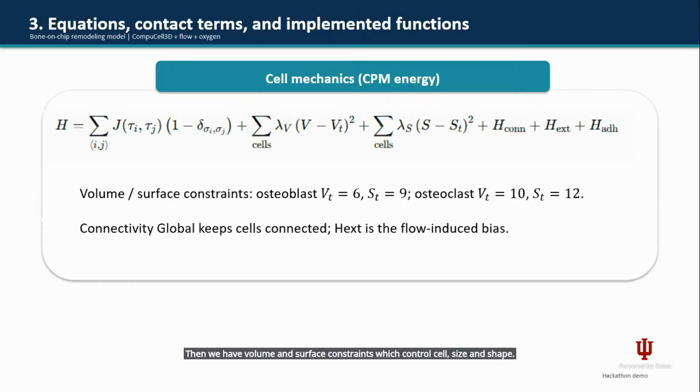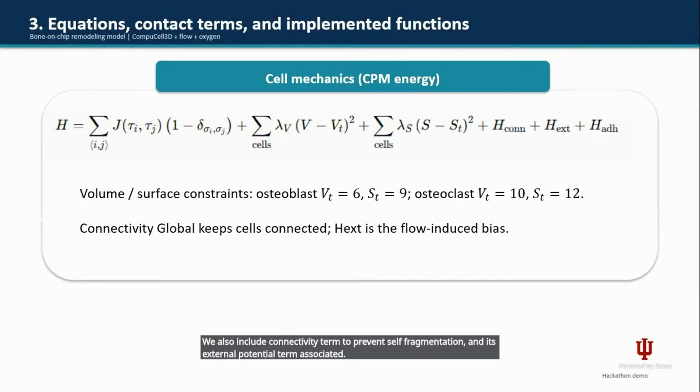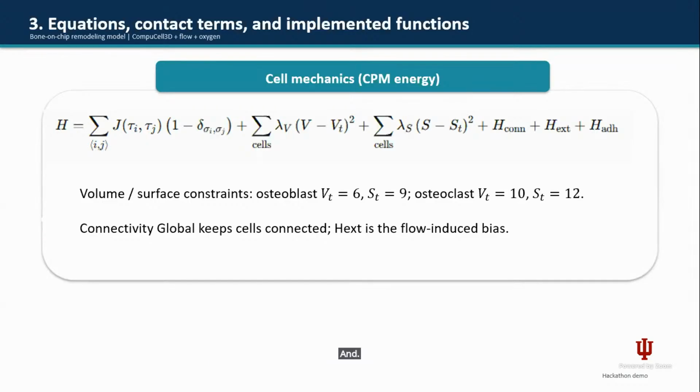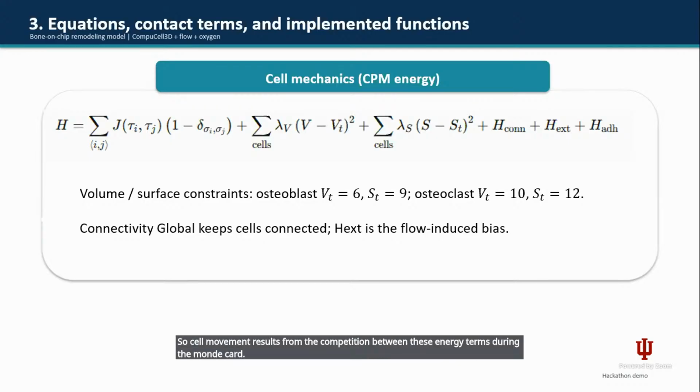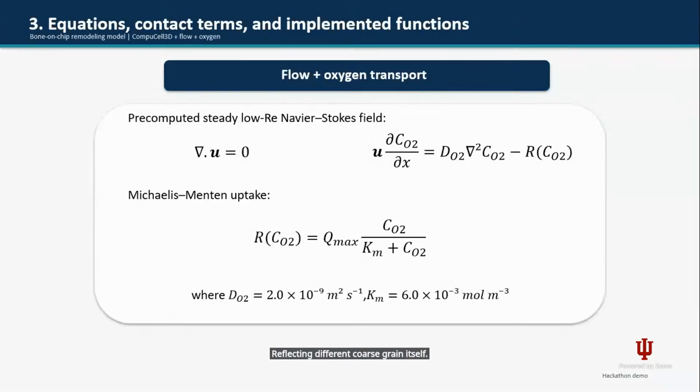We also include a connectivity term to prevent cell fragmentation, an external potential term associated with flow-induced motion, and an adhesion term for molecular cell-scaffold interactions. So cell movement results from the competition between these energy terms during the Monte Carlo updates. Osteoblasts and osteoclasts also have different target volumes and surfaces, reflecting different coarse-grained cell sizes.